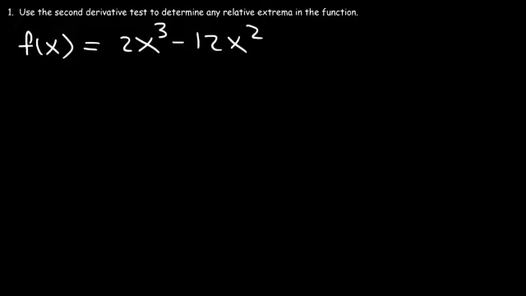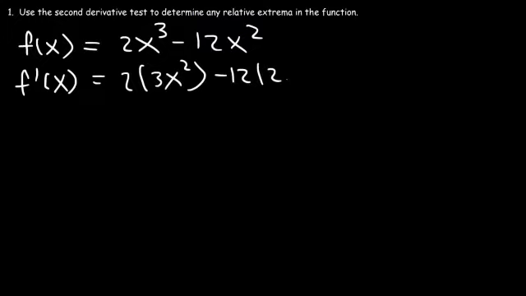The derivative of x cubed is 3x squared. Well, let's do it one step at a time. The derivative of x squared is 2x. So 2 times 3 is 6. 12 times 2 is 24.